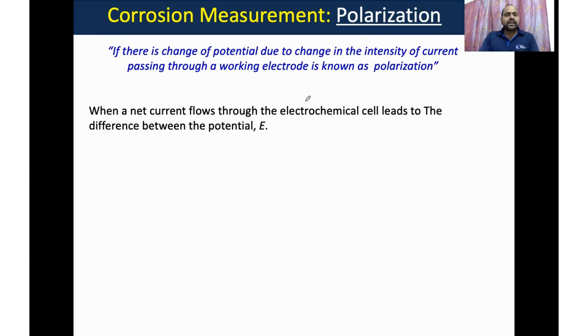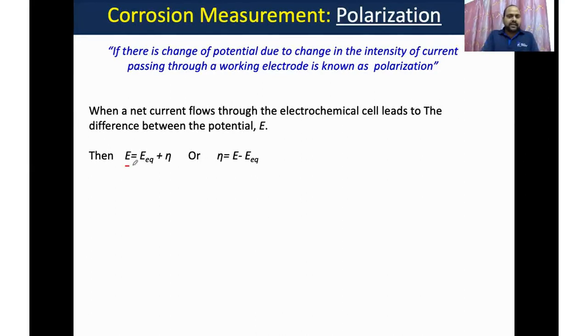Okay. So when a net current flows through the electrochemical cell, it leads to a difference in the potential E. When we apply a current, or some current is flowing, there is a difference in the potential E. How much difference will there be?